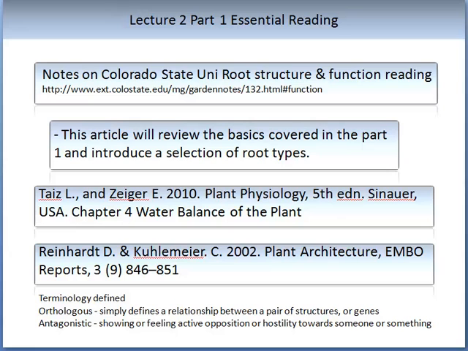Please read the components of chapter 4 that relate to root structure and function. And finally, a paper written in 2002 on plant architecture. This will introduce some terminologies and some aspects about plant architecture.